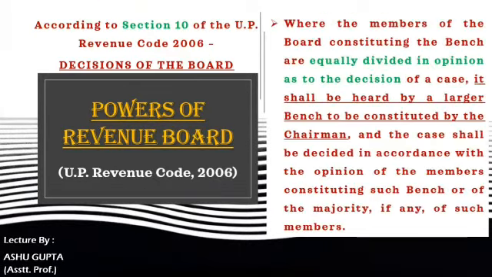Another provision given under section 10 of that code is that where the members of the board constituting the bench are equally divided in opinion as to the decision of a case, it shall be heard by a larger bench to be constituted by the chairman. The case shall be decided in accordance with the opinion of the members constituting such bench or of the majority of such members. मेजॉरिटी के हिसाब से जो भी डिसीजन होगा, उसको फॉलो किया जाएगा.